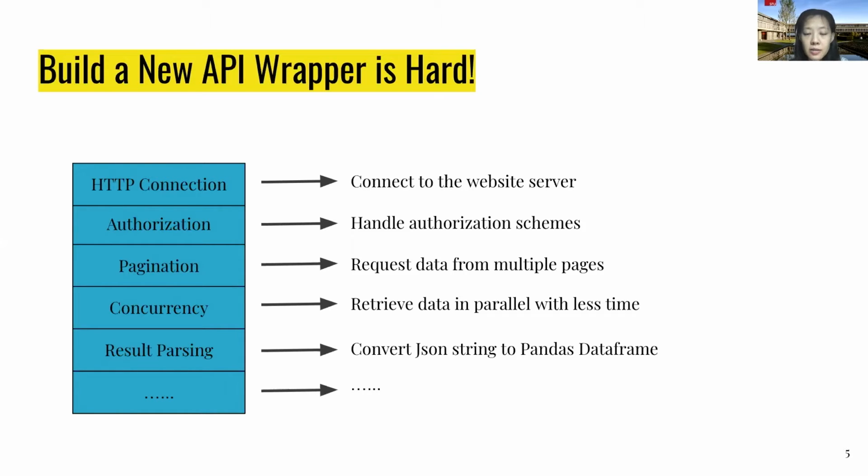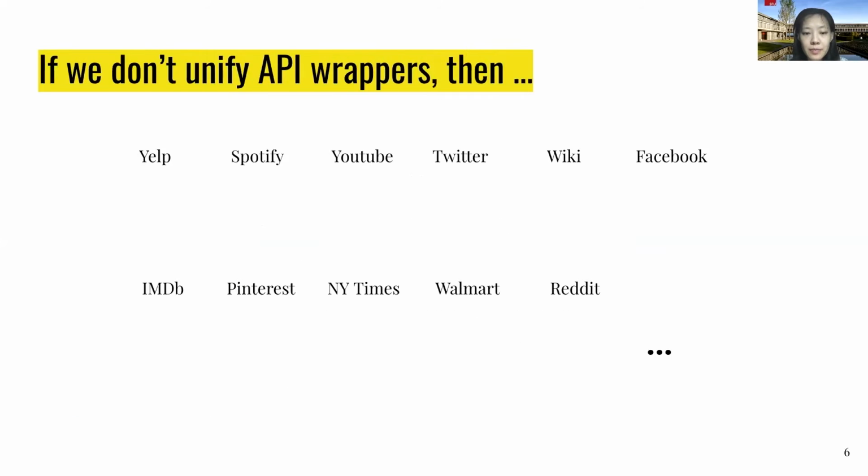Second, to handle the authorization for the user so that the user can just pass the credentials as function parameters. And pagination, which is to combine data requested from multiple pages into one function call. Concurrency is to accelerate the data request process with parallelism implementations. And the wrapper also handles result parsing, such as converting JSON results to a CSV file or pandas dataframe. There might be other customized ones.